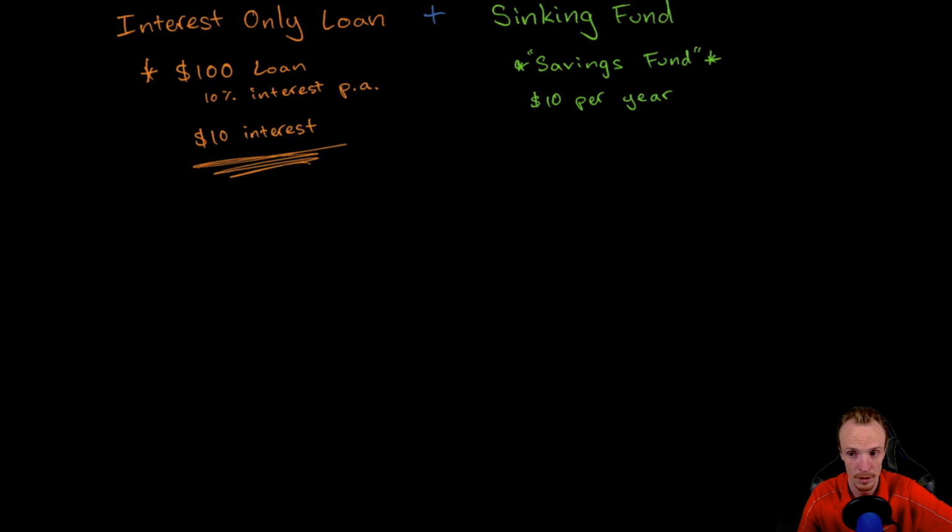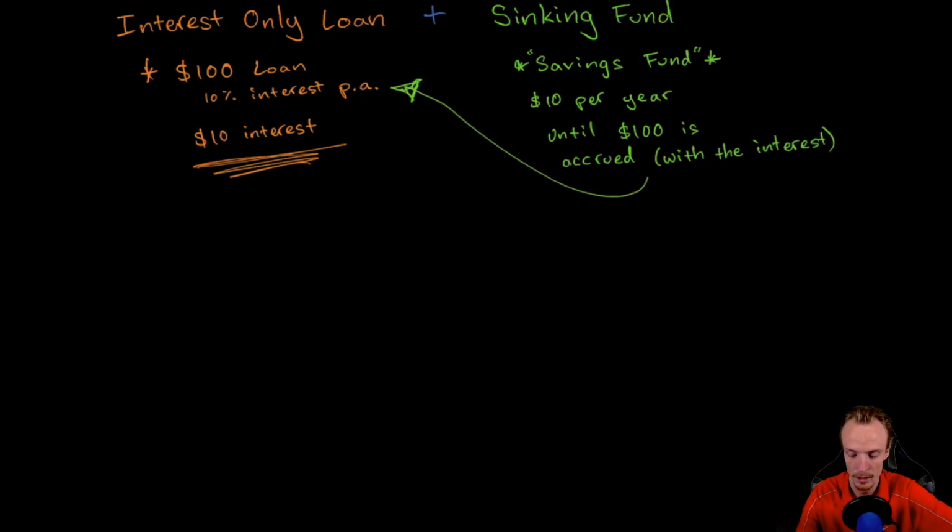The sinking fund will have an interest rate itself, but we're going to eventually accrue $100, and that's including the interest. That's something really important to note here. Then we're going to use that value to pay off the loan over here. Essentially, that's how an interest-only loan coupled with a sinking fund works.